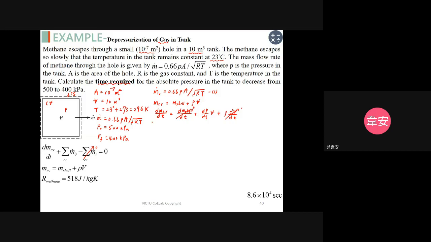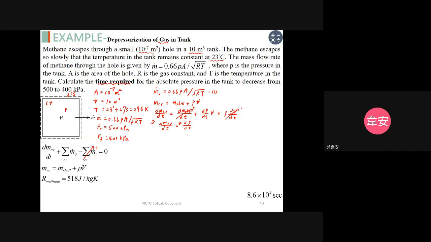Okay, so we reorganize the equation here. dm_CV/dt is equal to dρ/dt multiplied by the tank volume. Okay, and here's our problem. We only know that the condition is the pressure changes.